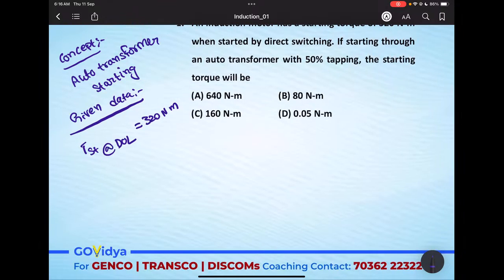So what we need to find out? The starting torque with the auto transformer starting method. First of all, I will give you one simple equation to remember. Any question related to starting we can solve with this equation.